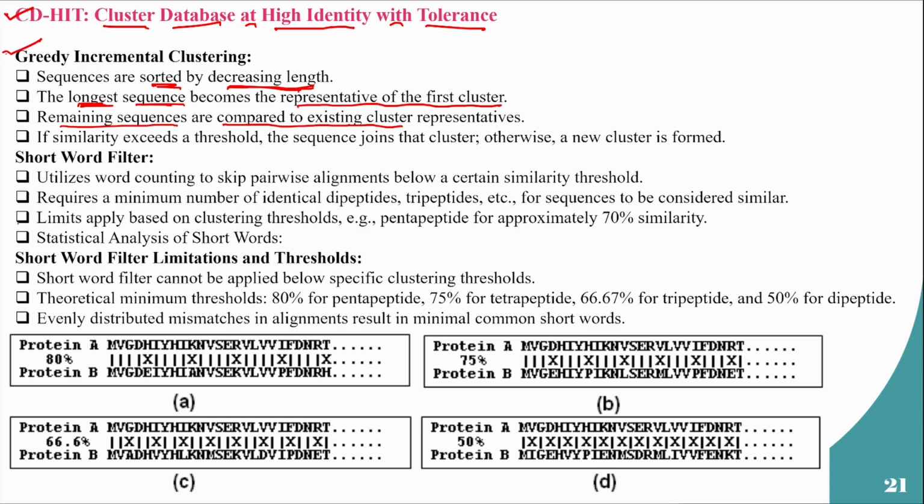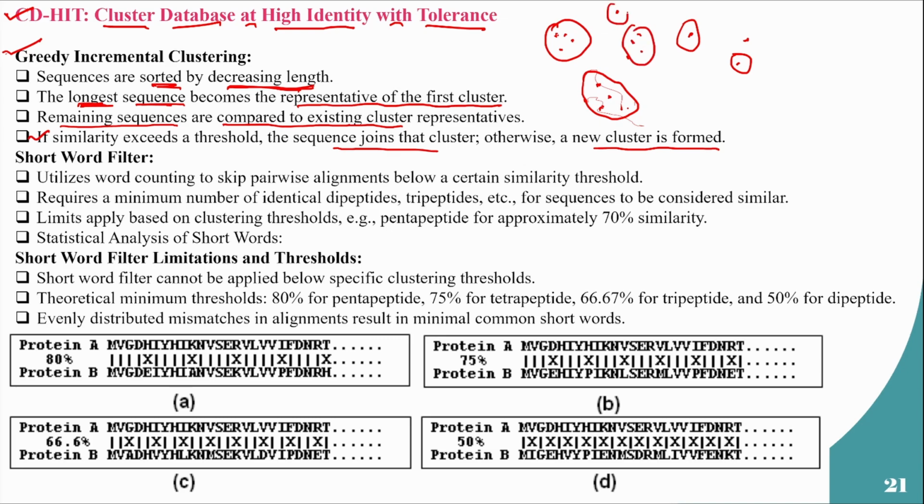Okay, and then based on that similarity threshold, the sequence either, of course, joins a cluster or a new cluster is formed, and then this process is iterated for all of the sequences that are present there. Ultimately you will see that if you have certain sequences that are very highly similar with one another, those will be grouped into one single cluster. Basically, let's say this cluster has these components, and then let's say other clusters have independent components.